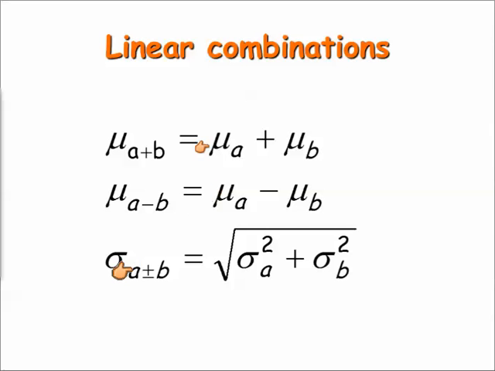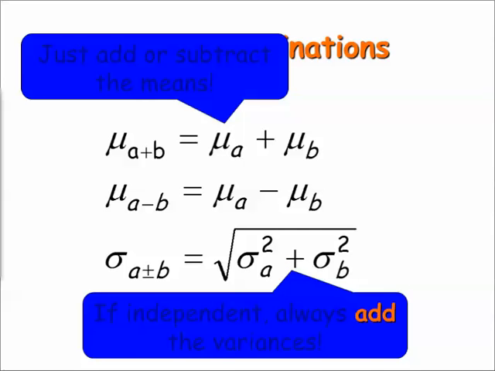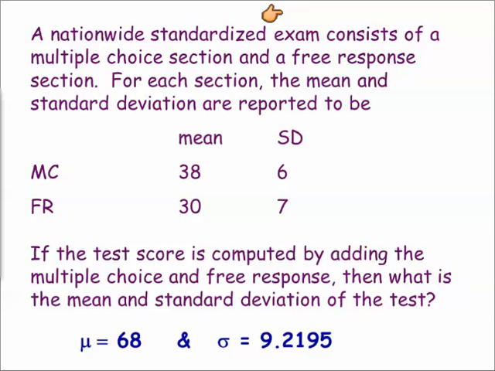Whether I'm adding or subtracting, I still take the standard deviation and square it, take the standard deviation of the other one and square it, add them together, and take the square root of it. So it's different. See how I've got a plus or minus right here, but I'm only adding these variances together. Just make certain you understand these and you're applying these rules.